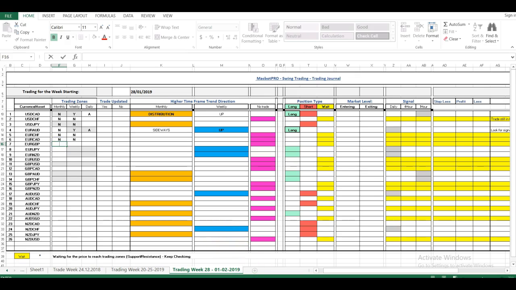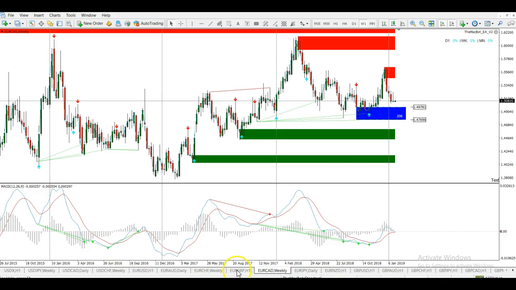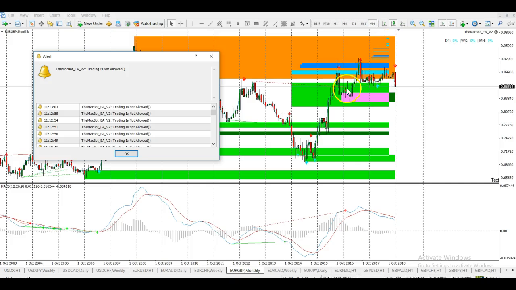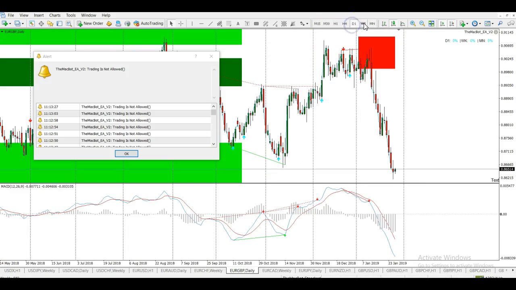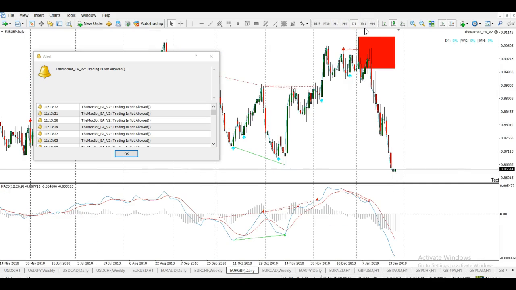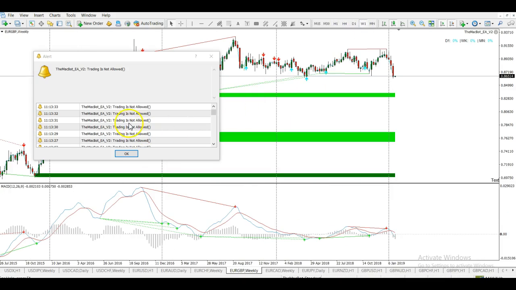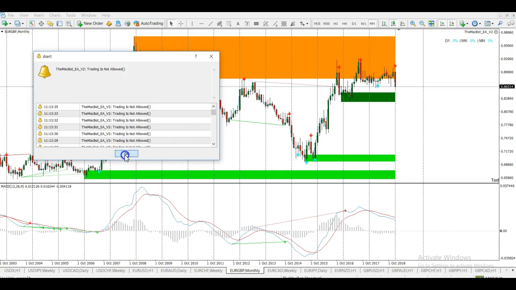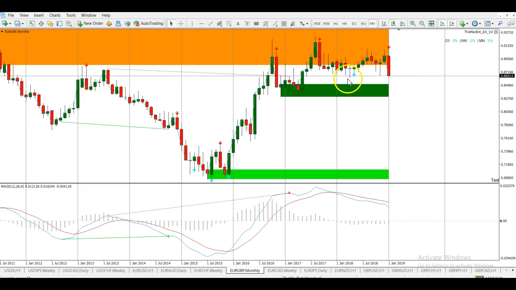Euro GDP. Monthly. Zoom in. So we're kind of this area here, just this low here.